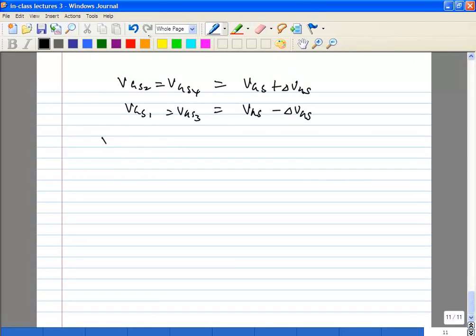So now we are calculating VAB. That's VA. That's VB.